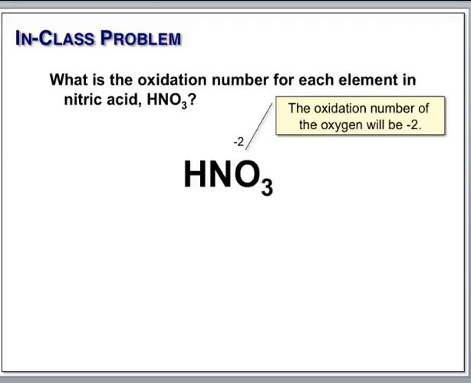But let's start off with our oxygen here. Once again, we have 3 of them, and they're -2 each. Now, nitric acid: hydrogen is bonded to the oxygen. It's a nonmetal, so that means that hydrogen will be +1.